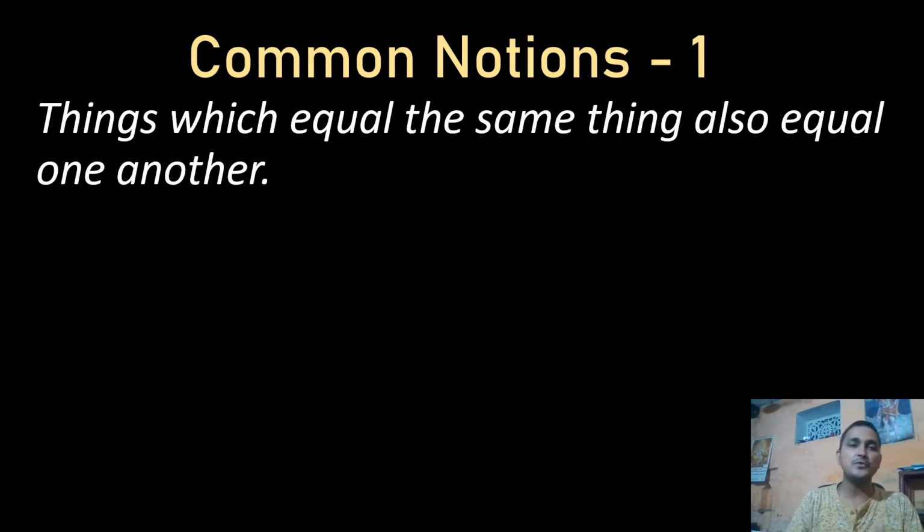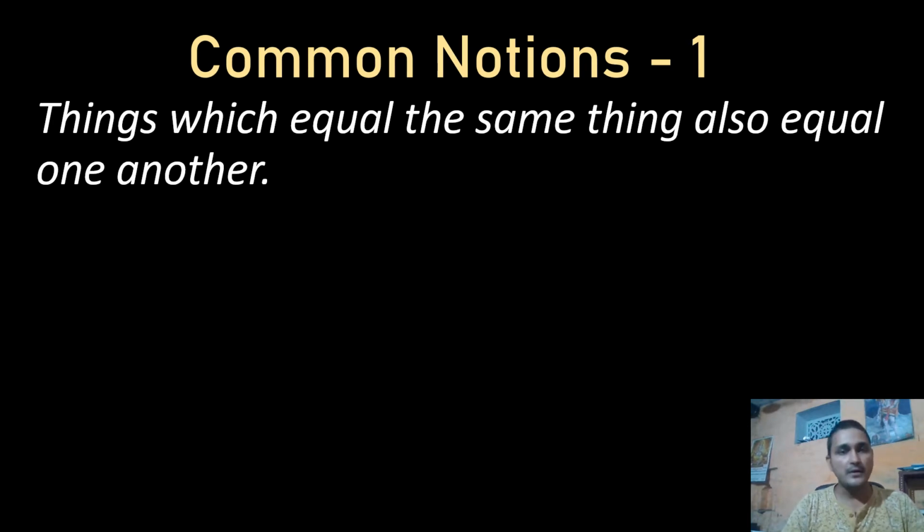If he is going to compare lines, he can compare a line with a line, or a plane figure with a plane figure, or a solid shape with a solid shape. Here we can compare the same kind of thing.